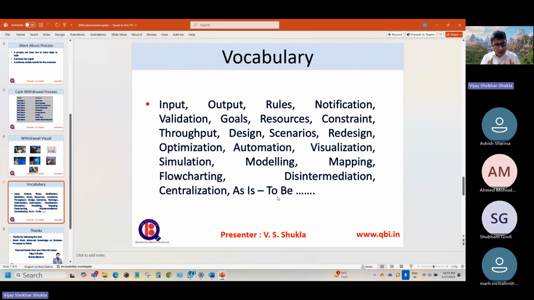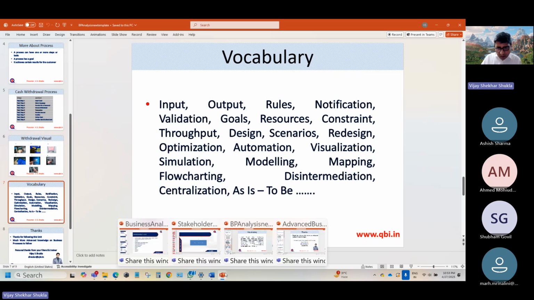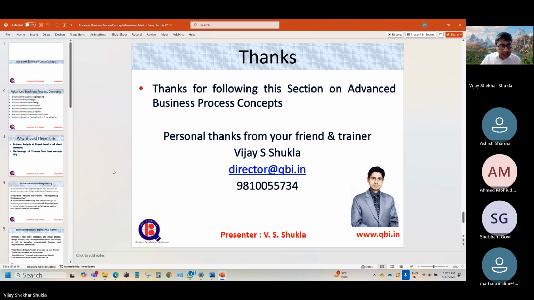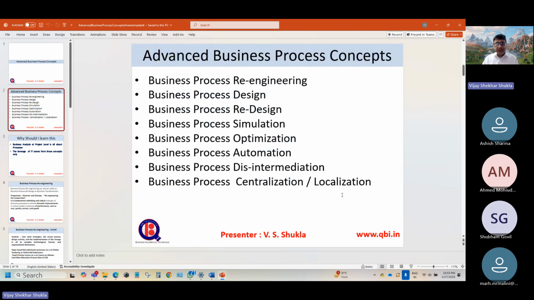So business process analysis is a very important activity for you as a business analyst, because your software will comprise so many processes. Now let us focus on some concepts related to advanced business processes.